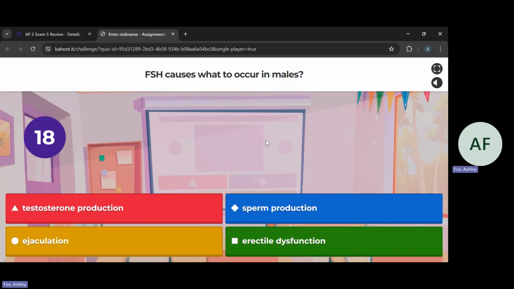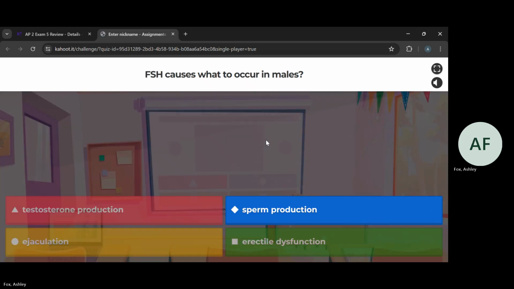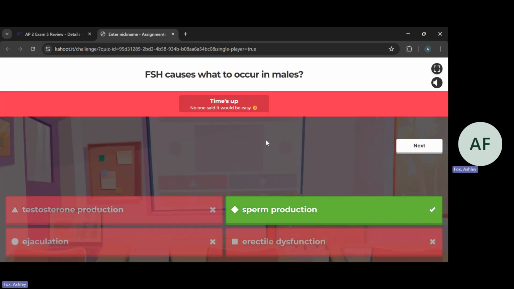FSH causes what to occur in males? So FSH in males is for sperm production.